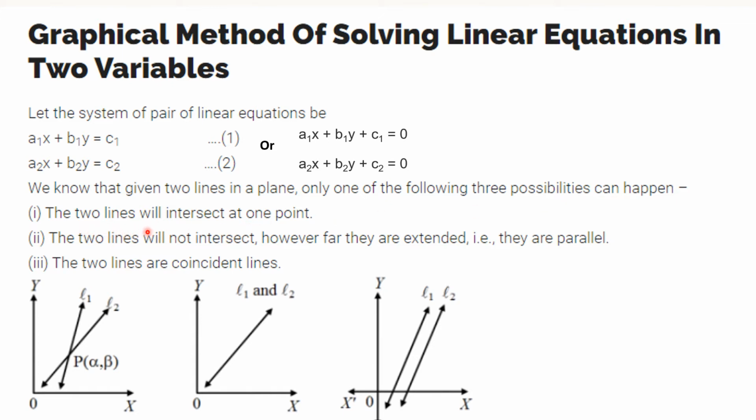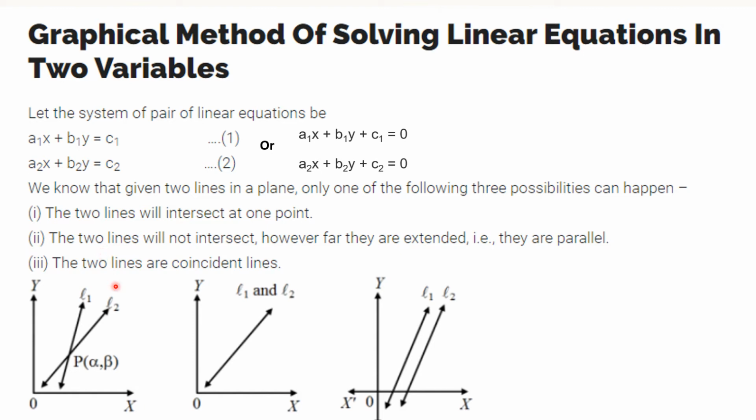First, the two lines will intersect at one point. Secondly, the two lines will not intersect, however far they are extended, meaning they are parallel. Or the two lines are coincident lines.